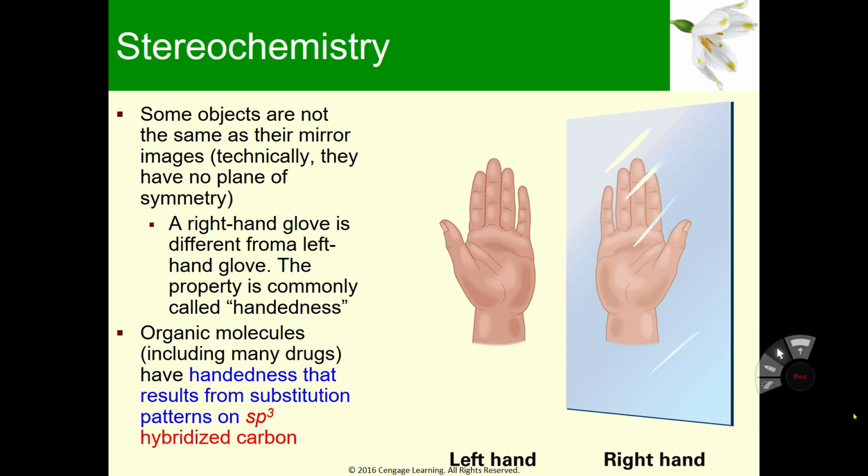And if the mirror image of the molecule cannot be overlapped with the real image, then we say the molecule has handedness.